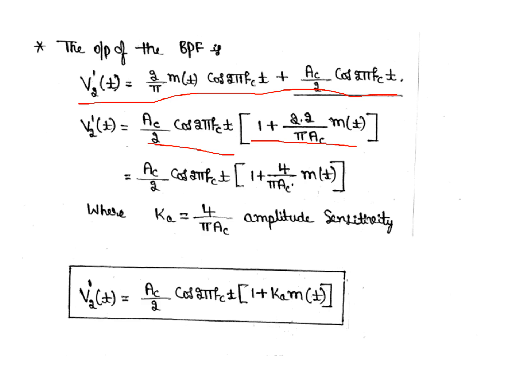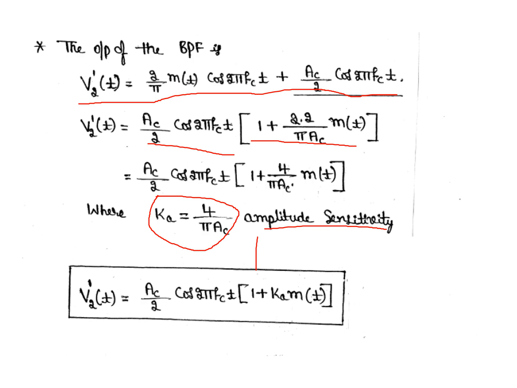Here you are replacing this 4 by pi Ac with Ka, the amplitude sensitivity. Rewriting the equation, V2 of t is equal to Ac by 2 cos 2 pi Fc t into 1 plus Ka m of t. It looks like the standard AM equation.